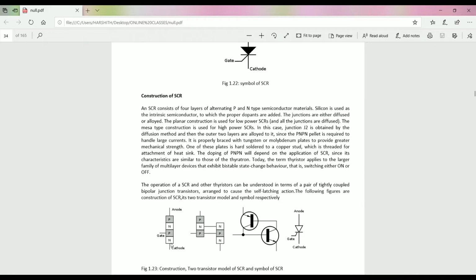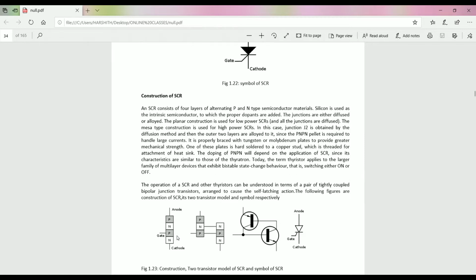There are 3 PN junctions called J1, J2, J3. Junction J1, this is the arrow mark. I have placed the cursor, please look here. That is J1, this is J2 and this is J3. Three junctions.